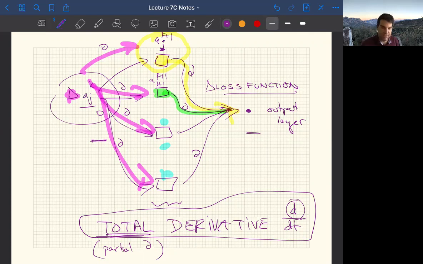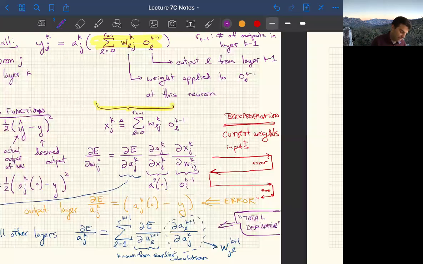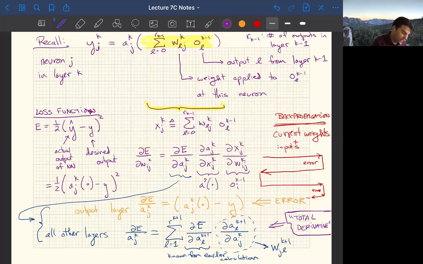At the output, this basically is the part that depends upon the loss function. And so if I had a differently structured loss function, then this thing would change here. But otherwise, this decomposition basically should apply for other loss functions as well.